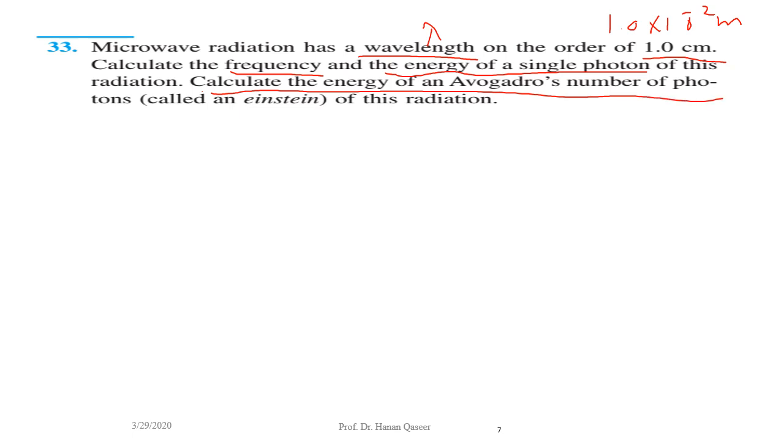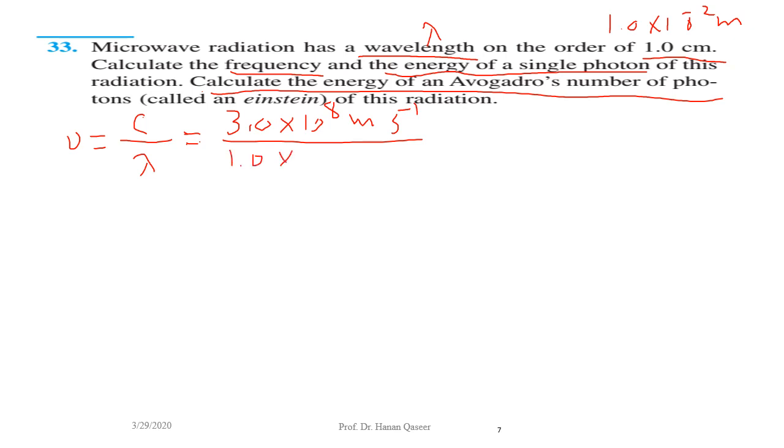First thing, we need to calculate the frequency. Frequency is equal to c over lambda, where c is the speed of light, and this is equal to 3.0 × 10^8 meter second minus 1, divided by lambda in meter, which is equal to 1.0 × 10^-2 meter.